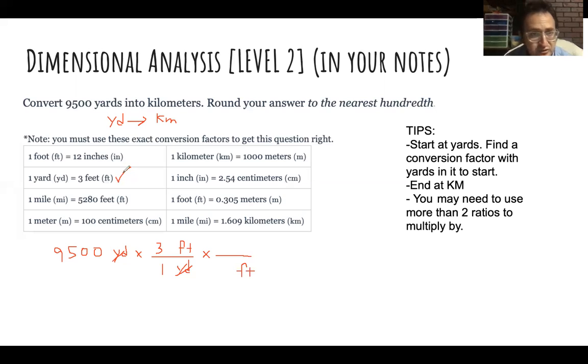So I'm going to choose for my second one, foot to meters. And I'm going to put 1 on the bottom, since that's foot. And then I'm going to put 0.305.